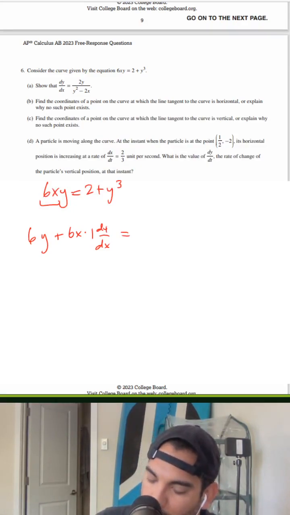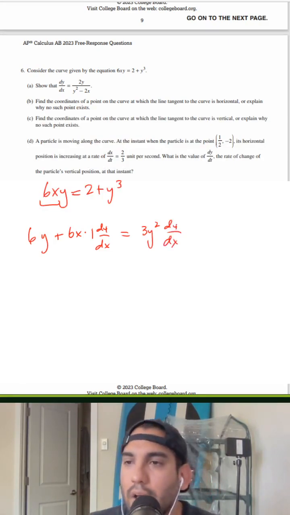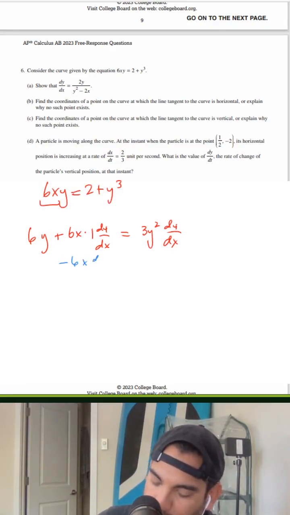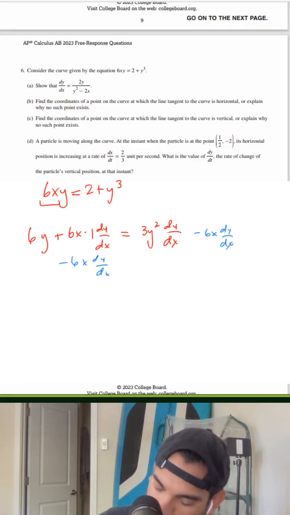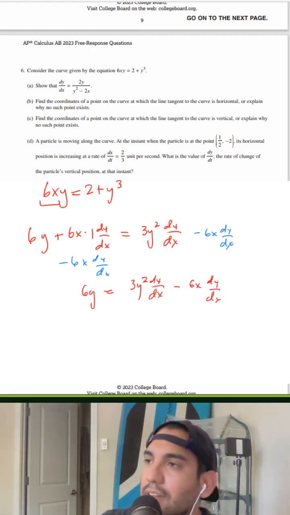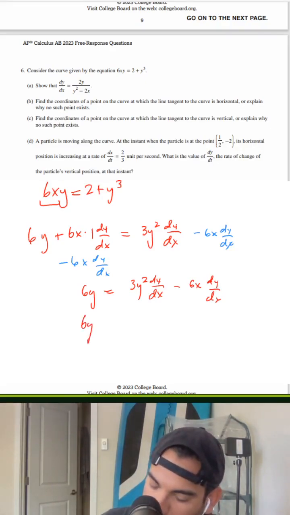which is 0, plus 3y squared dy over dx. I'm going to subtract the 6x dy/dx to the other side. So I have 3y squared dy/dx minus 6x dy/dx. Let's factor out the dy/dx. So dy/dx is equal to, in parentheses, 3y squared minus 6x.